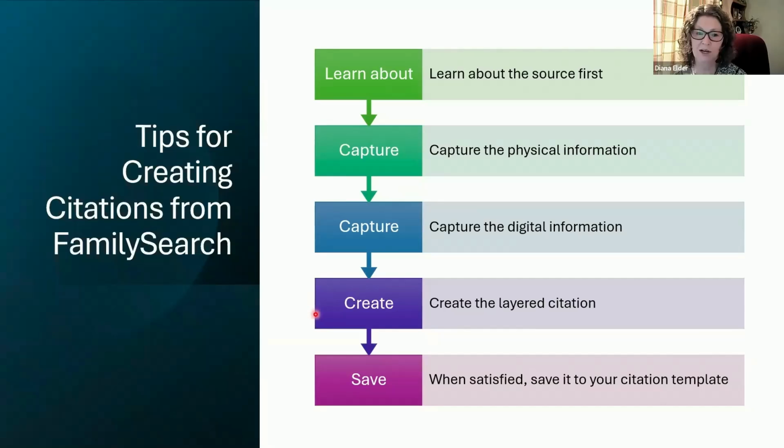And remember to try not to do too much duplication. Try to keep things together, but don't overstate things like Iowa over and over again or FamilySearch over and over again. And when you feel like you have got a really nice citation, then save it to your citation template so that the next time you create a citation for, let's say, a state census or a marriage bond or whatever you have figured out, you have a good template to get started with.